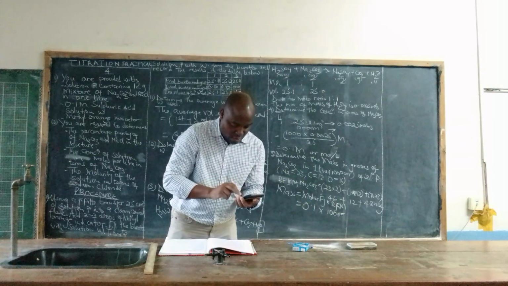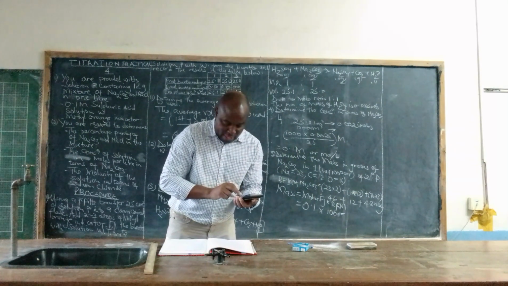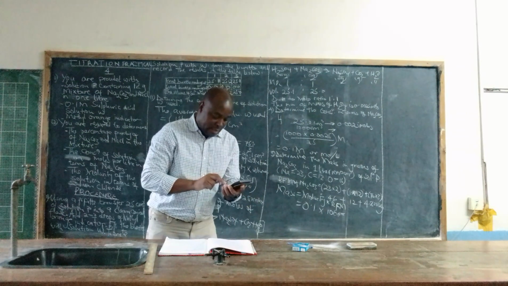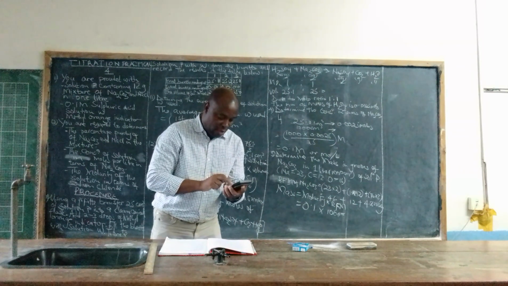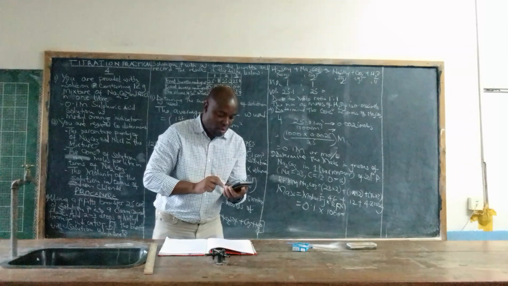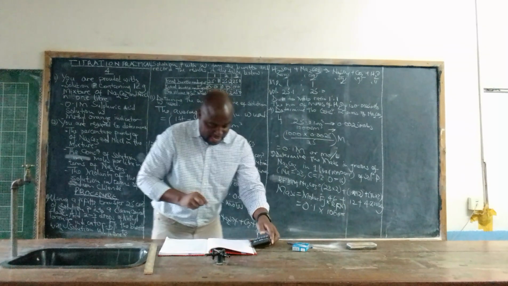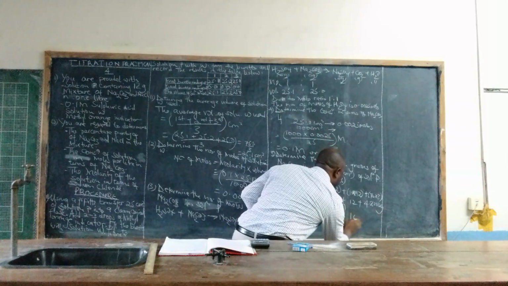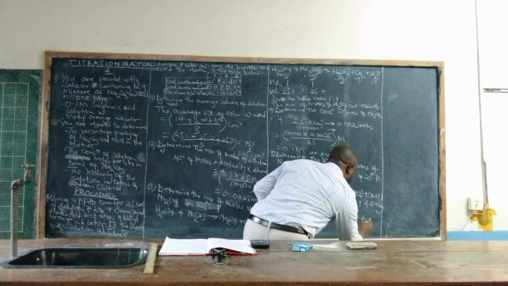Let us do our calculations properly. 0.1 times 106 is equal to 10.6 grams.